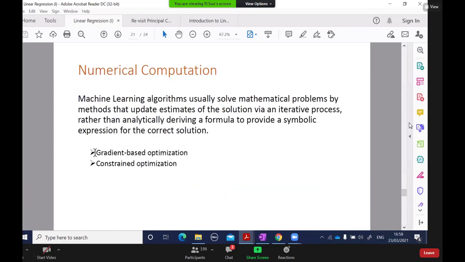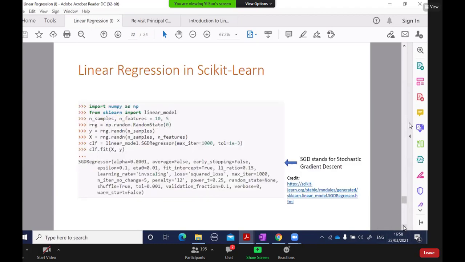Remember, that is why last week you learned gradient-based optimization, the gradient descent algorithm. If you want to use it for a very large data set, you need to use the gradient descent method rather than the normal equation to calculate coefficients. Then you should again import linear model.